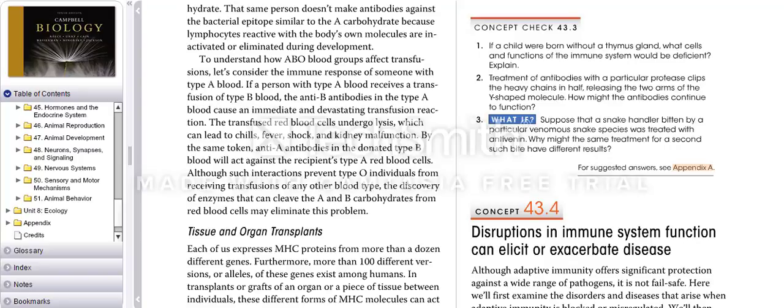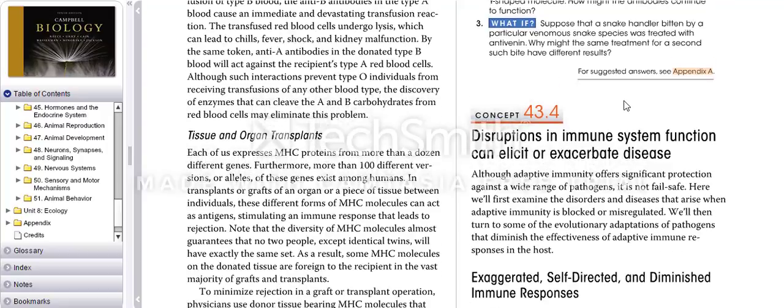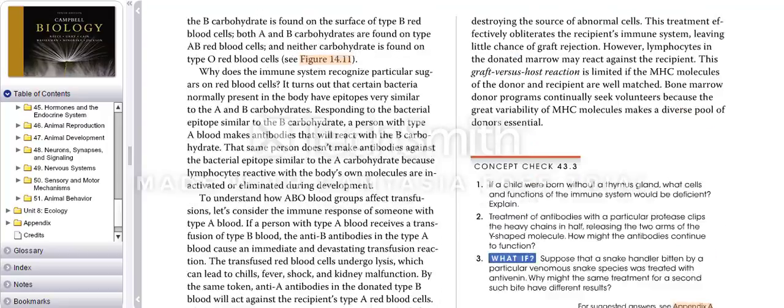So O cannot accept A or B, but A and B can accept O, A, and B, which is why AB is a universal recipient, O is a universal donor, because everyone can accept O, and AB can accept everyone.